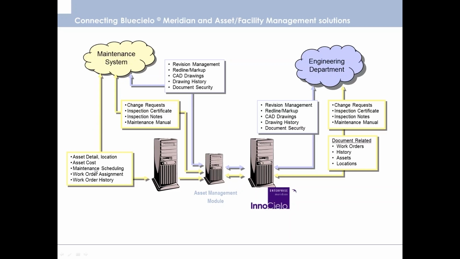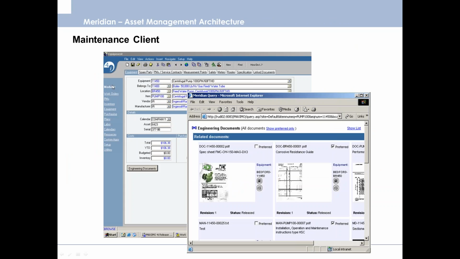We've also got our work orders, and the asset management module brings these two worlds together in a totally integrated manner, so that from a maintenance client, whether it's SAP Preventive Maintenance, Maximo, Oracle, or Archibus, or other popular systems out there, a maintenance person can bring up either a work order or an equipment or asset record, and here you can see the information: equipment number, its parent, asset description, supplier information, all that kind of thing, and then there's an engineering documents button.